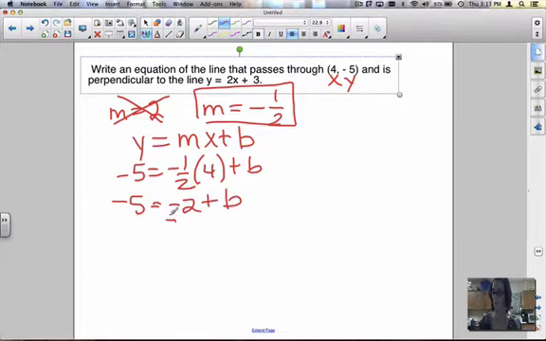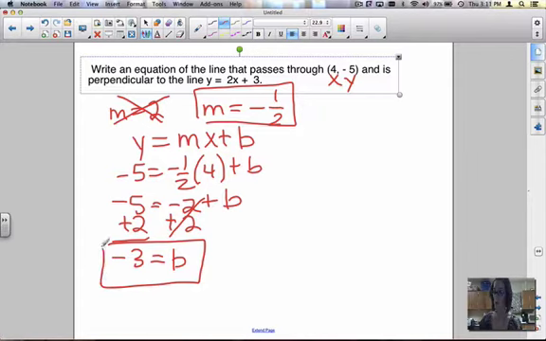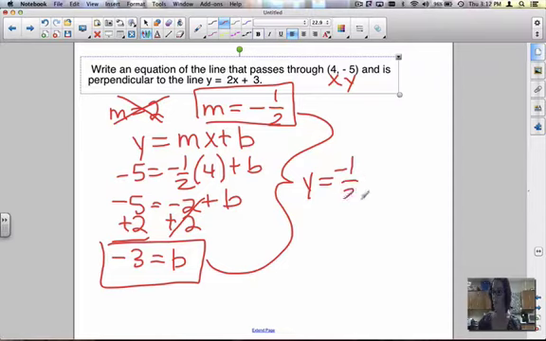Solve for b. So b equals -3. So I use my new b value, my new slope, and rewrite it in slope-intercept form. So that is my new equation.